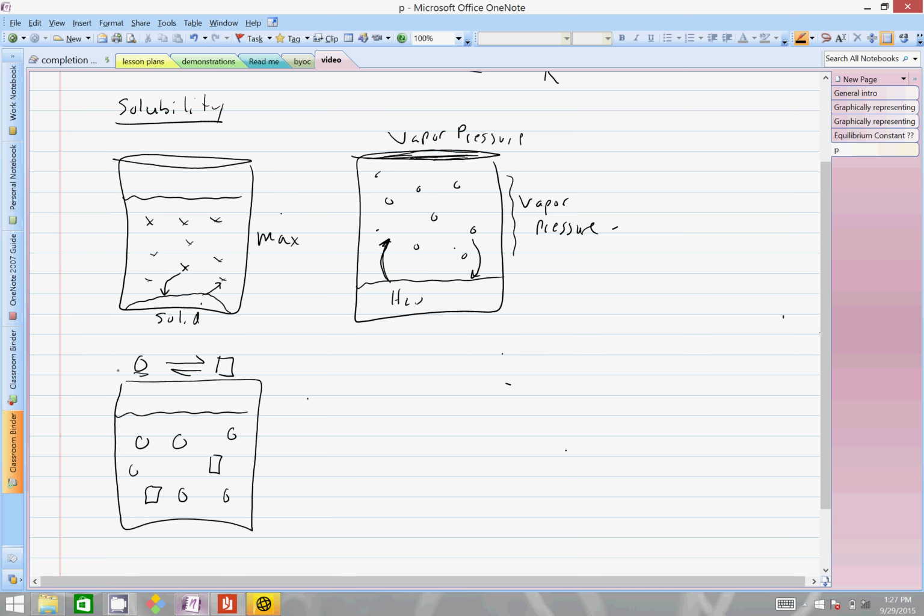Another example of this type of situation is your acid-base reaction, where we have, let's say, unknown acid HX reacts with water to produce H3O+ ions and X-, and the reverse reaction would go back. So in this case, we have reactants and products flipping back and forth.